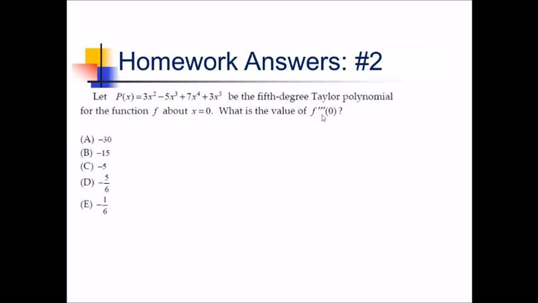So I'm going to write f triple prime of 0 over 3 factorial equals the actual coefficient here, which is negative 5. And at this point, all I have to do is solve for f triple prime of 0. That's what they actually wanted. So I'm just going to multiply both sides by 3 factorial, which is really just 6 times both sides, giving us negative 30 for that third derivative. So that's choice A.